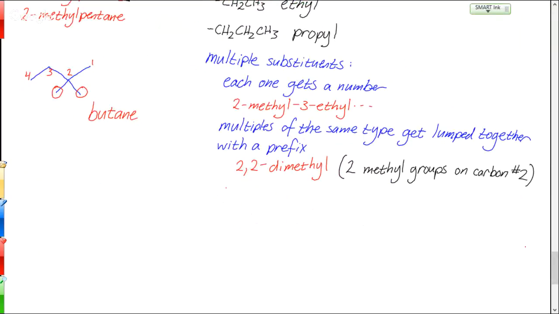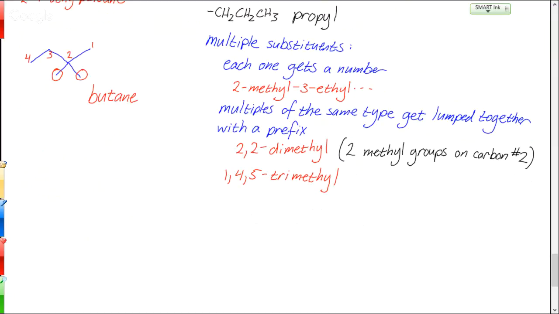You could have things like 1, 4, 5-trimethyl. So that would mean 3 different methyl groups. One of them on carbon 1, one of them on carbon 4, one of them on carbon 5. All of these things can get combined together. So you can have 2,3-dimethyl, 4-ethyl, 6-propyl, whatever. All that stuff can go together in the same name if there's all those things coming off.